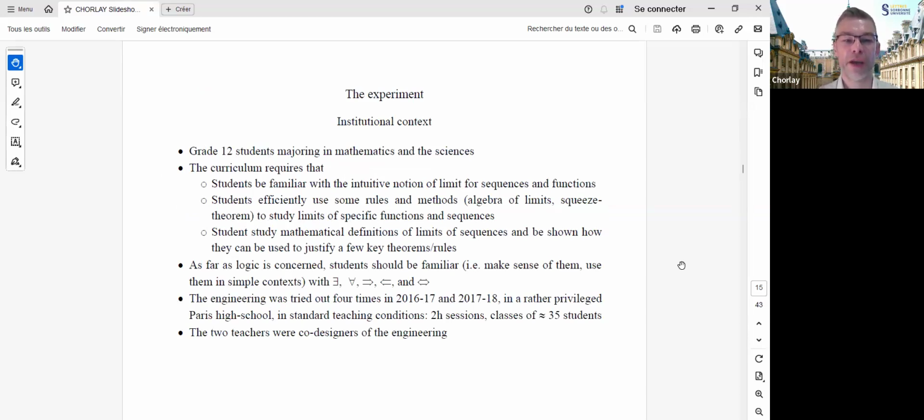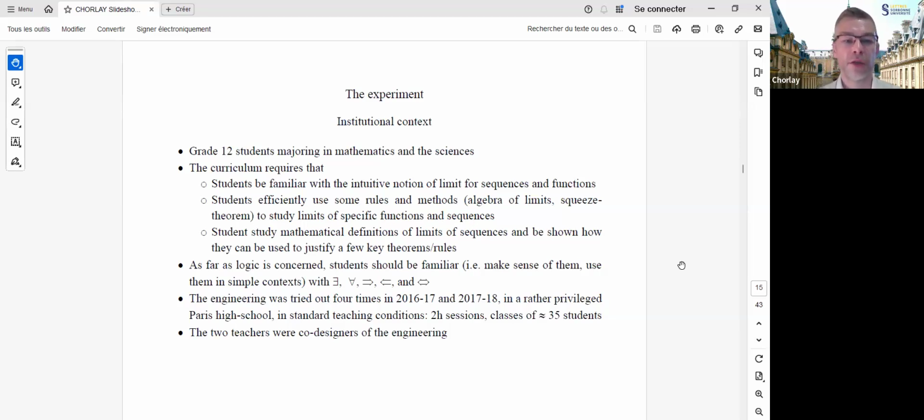The curriculum required that students be familiar with the intuitive notion of limits for sequences and functions. Students are expected to efficiently use some rules and methods to study limits, so the algebra of limits, inequalities, squeeze theorem. They have to be able to make use of these rules, but these are not proven. They have to admit that it's how it works and go on with their exercises.